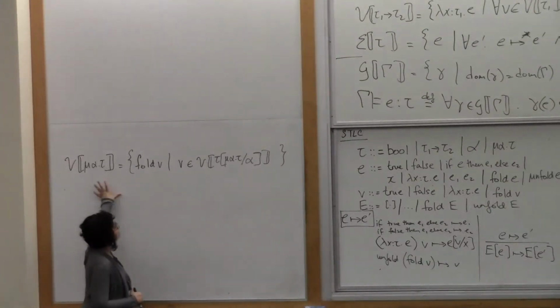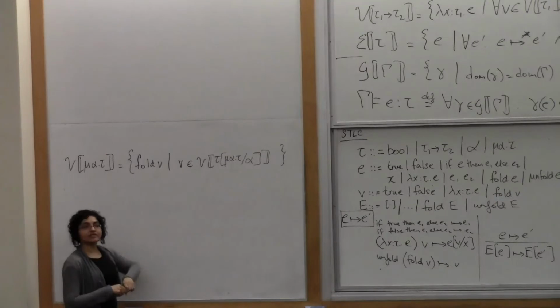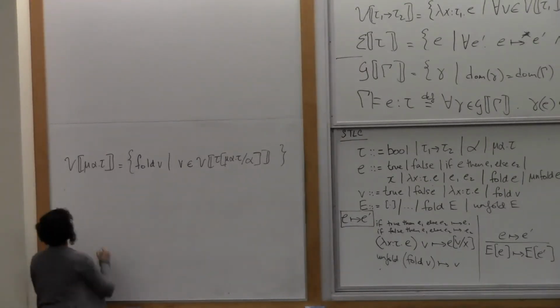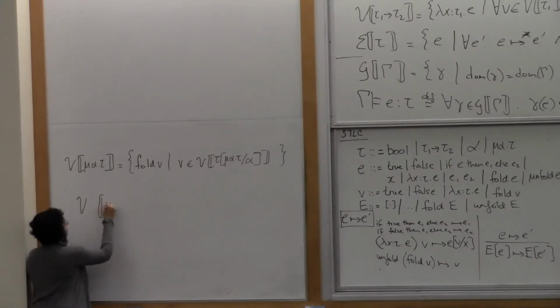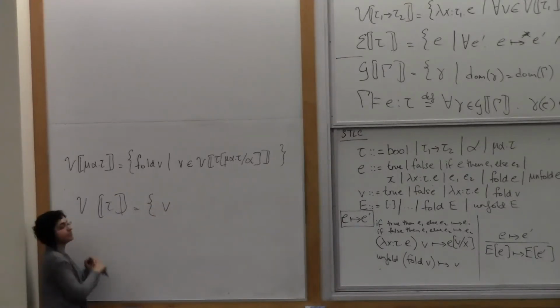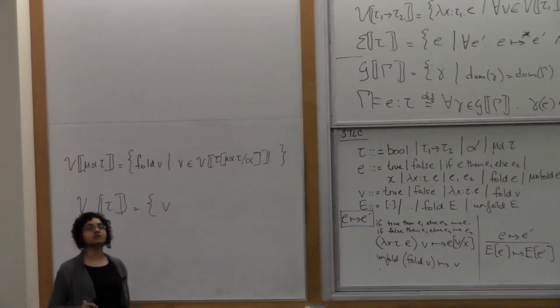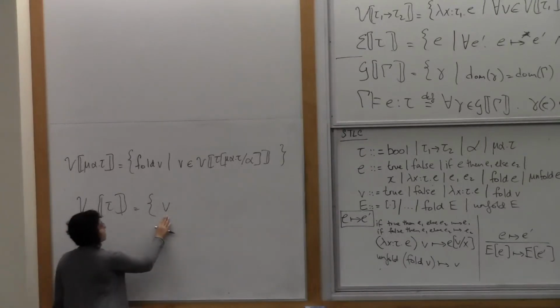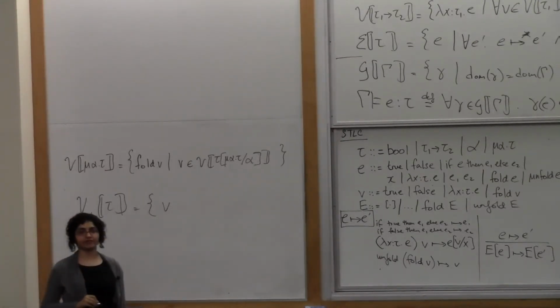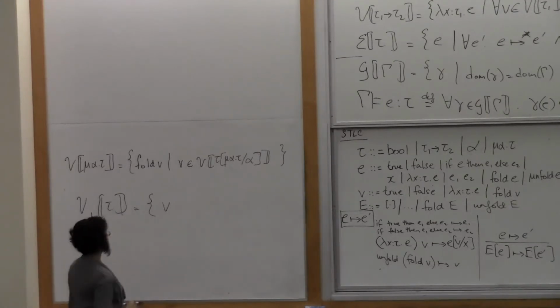Basically, here the problem is that the types are getting larger. With step indexing, we're going to extend our logical relation slightly. We're not just going to say that some value v belongs to the value interpretation of tau. We're going to say that value v, I'm going to put a natural number here, 0 or greater. This is our step index.